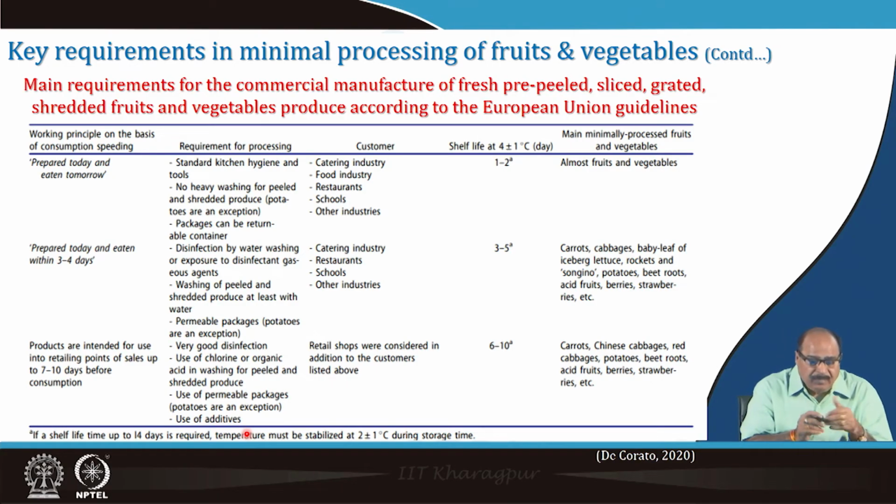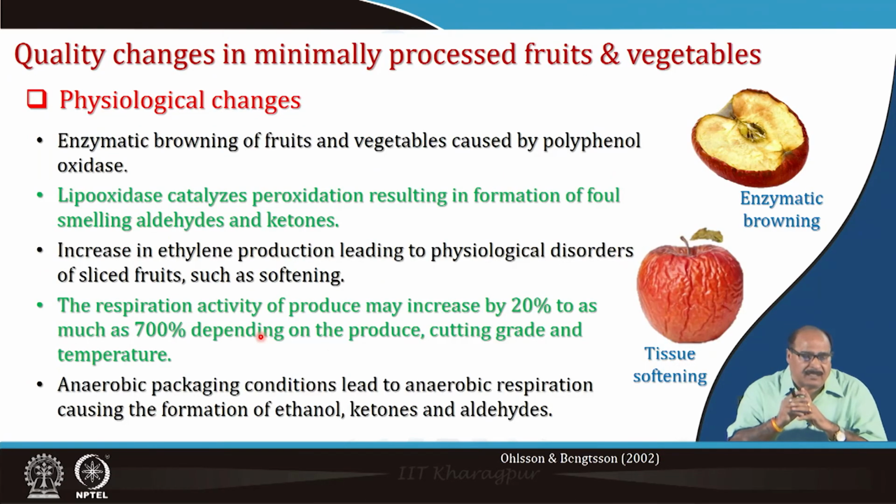And here the processing requirements are disinfection by water washing or exposure to disinfectant, gaseous agents etc., and washing of the peeled, shredded produce at least with water, in permeable packages. Potatoes are an exception; other than potatoes, they can all be used in proper permeable packaging materials.